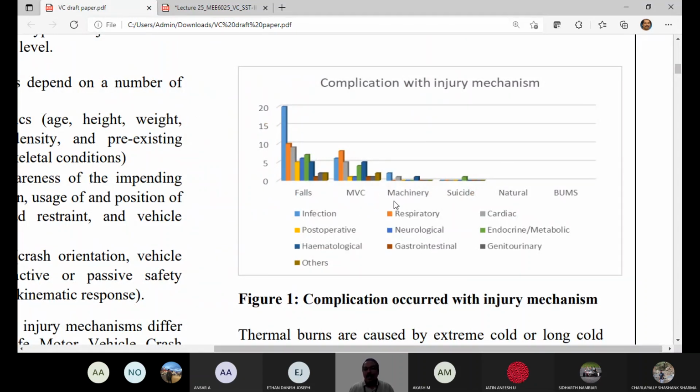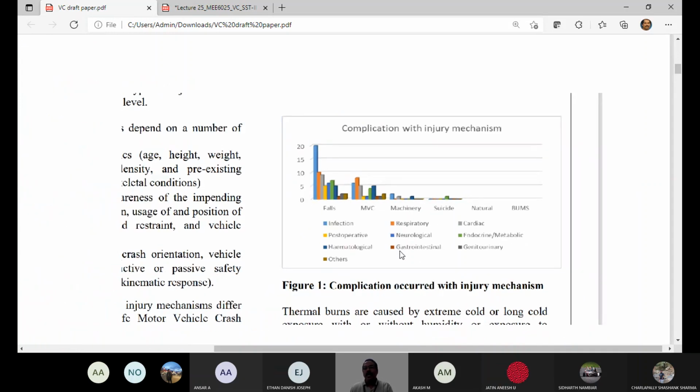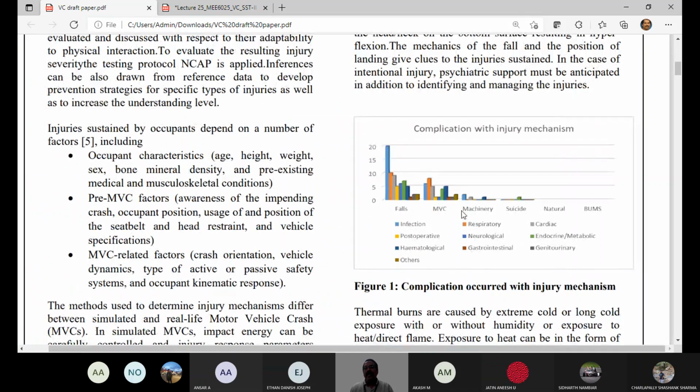Here can be a respiratory problem, the blue line is infection, the yellow one is postoperative, and the gray line, more here, is cardiac. So there are some severe fatal injuries that can be witnessed. They have categorized from this figure the complications of injury mechanisms.